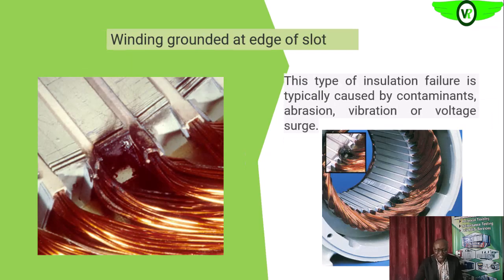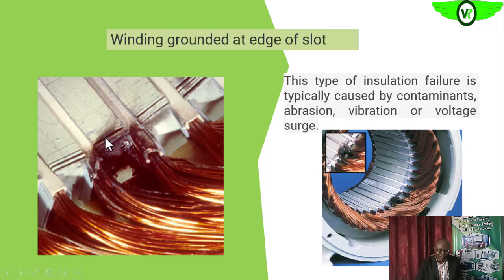Then there is winding grounded at the edge of the slot. Remember, we explained earlier that this insulating paper is lined on the slot before the placement of the insulated copper wire or conductor. This means the insulated copper wire is not supposed to have any contact with the slot or the yoke of the motor.